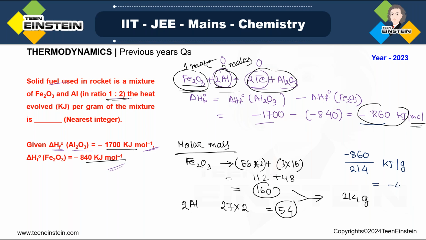So the answer should be 4, minus 4. The minus sign will be there because you are just dividing, so the minus sign will still be there, and the nearest integer is minus 4. Okay. So here no amount is given. We are just doing the calculation in terms of moles because this value is given for 1 mole.